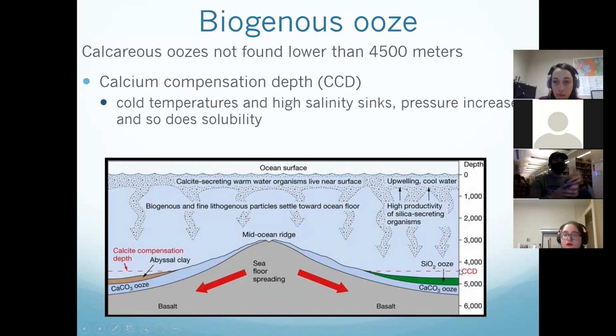So everything below the CCD has to be a siliceous ooze. So if you find calcareous ooze below 4,500 meters, that just means that it's been moved from a higher elevation to this lower elevation.